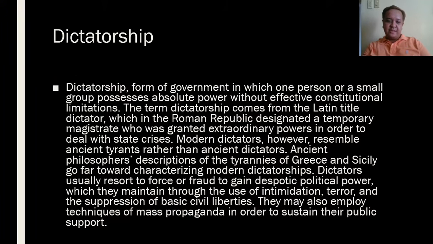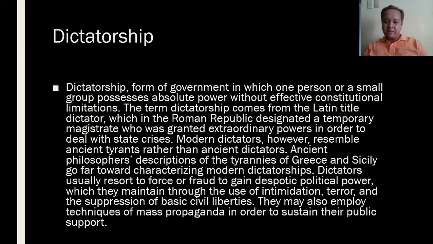Dictatorship. Dictatorship, a form of government in which one person or small group possesses absolute power without effective constitutional limitations. The term dictatorship comes from the Latin word dictator, which in the Roman Republic designated a temporary magistrate who was granted extraordinary powers in order to deal with a state crisis.